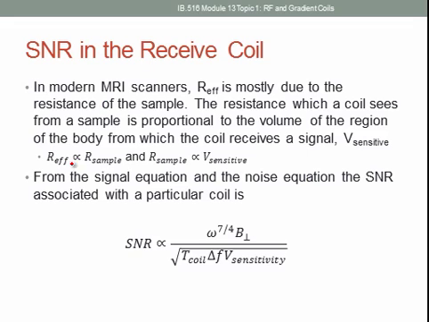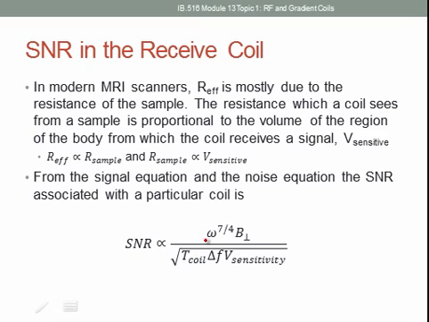Since the effective resistance is proportional to the resistance of the sample, and the resistance of the sample is proportional to the volume of the sample, or the sensitive region, this V sensitive gets substituted in for R effective in the equation for SNR.